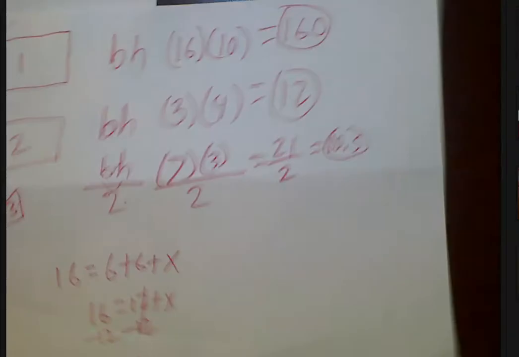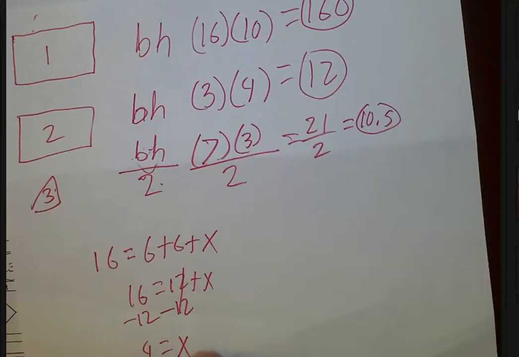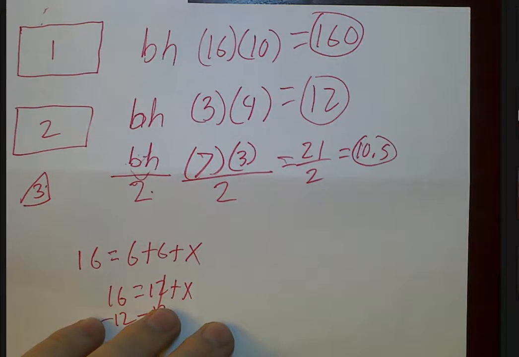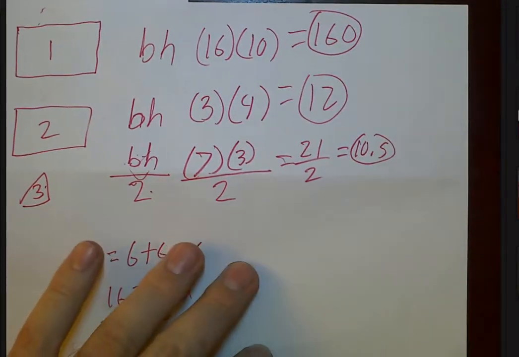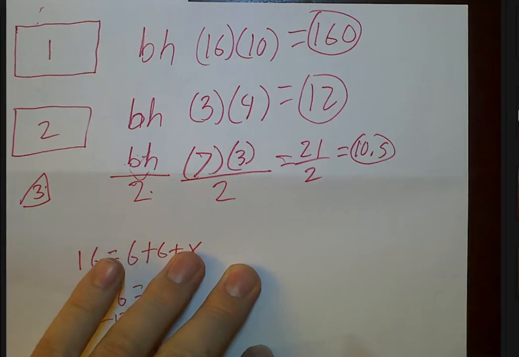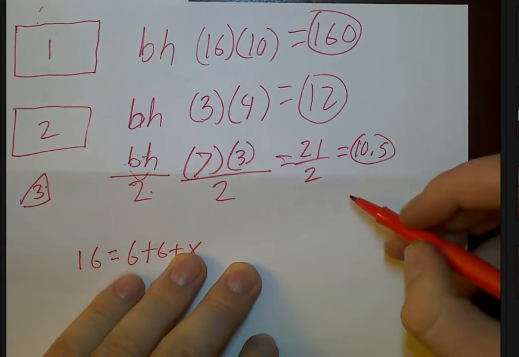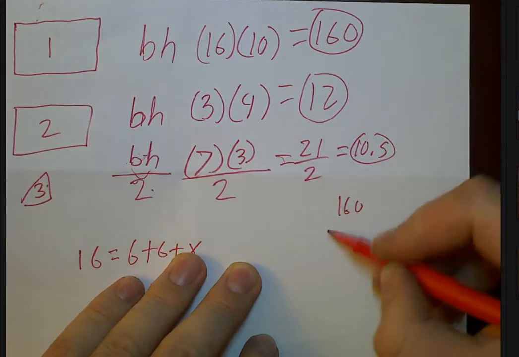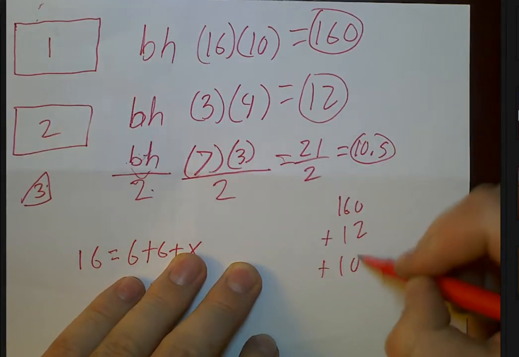So now we have these 3 things to add together. If I'm going too fast or if you can't see something I'm writing, just rewind the video and pause it. And hopefully it'll be good enough quality to where you can copy off of it. So 160 plus 12 plus 10.5.